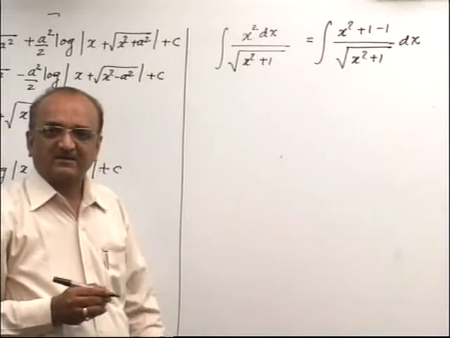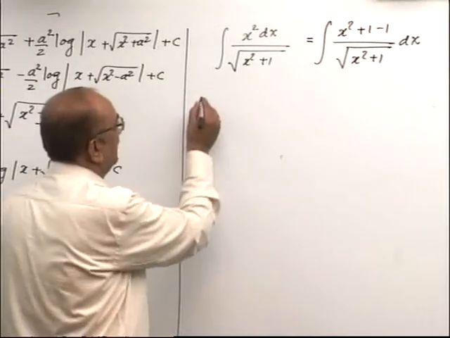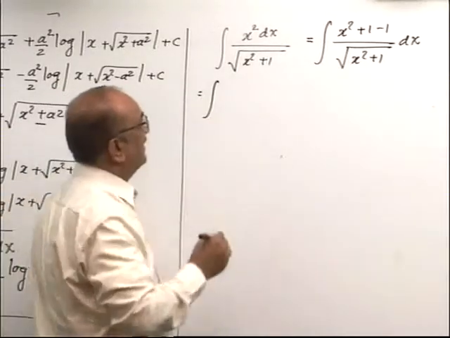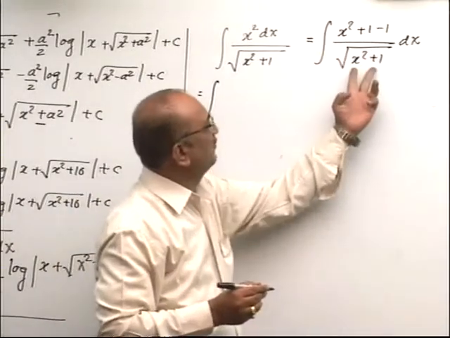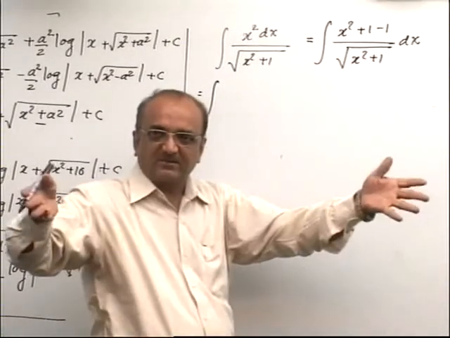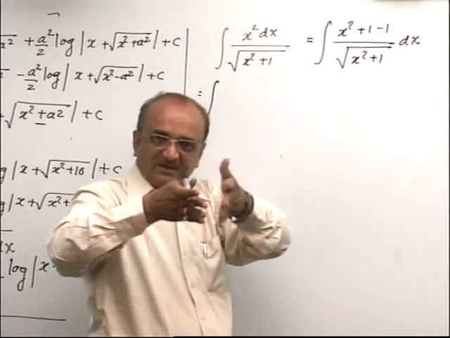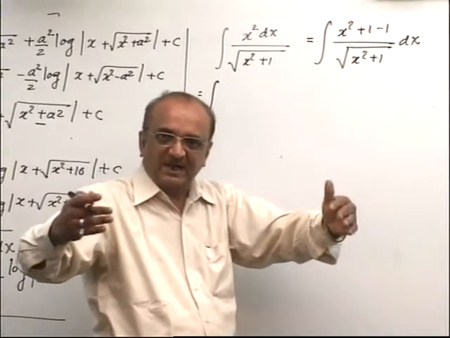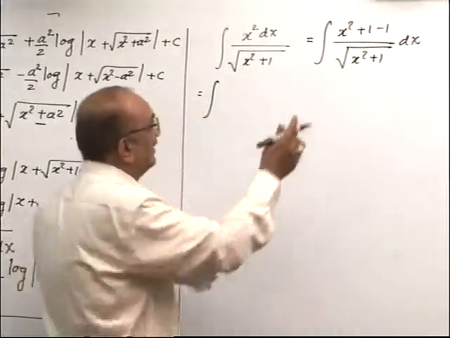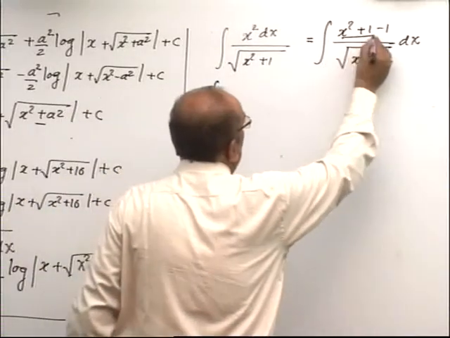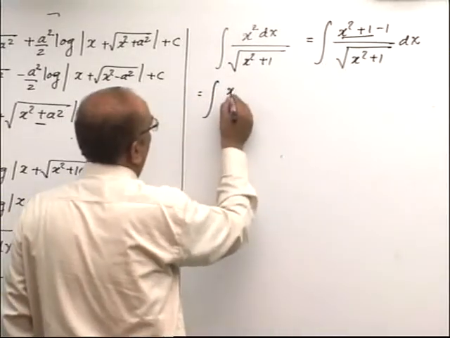This we can write. The next step, you can write x square plus 1 upon root x square plus 1, so you can take separate terms. Terms are to be in separate form, then we get the exact solution.